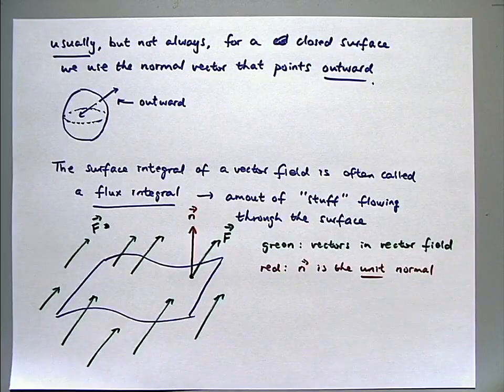So the red vector indicates a unit normal vector at that point where we have a green vector in the vector field.